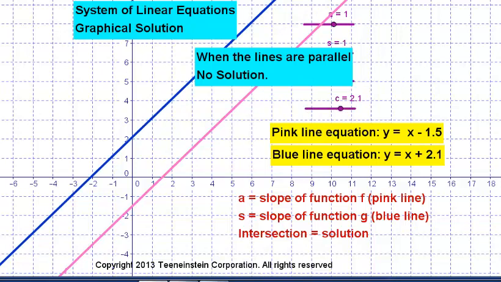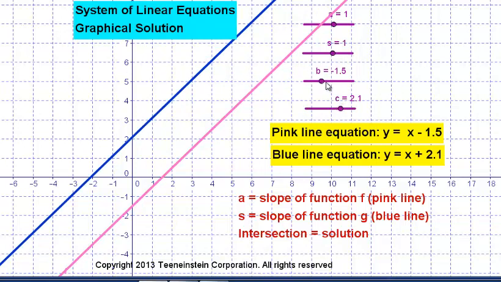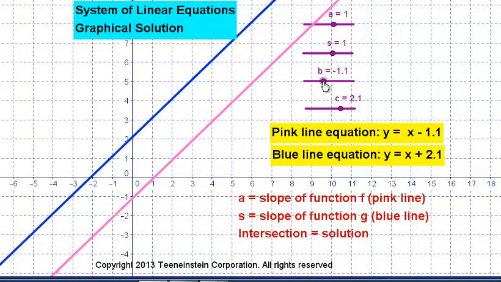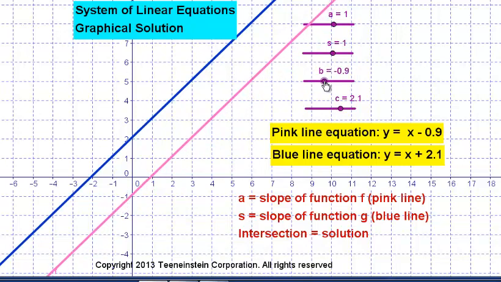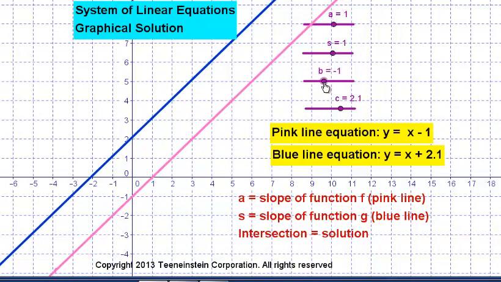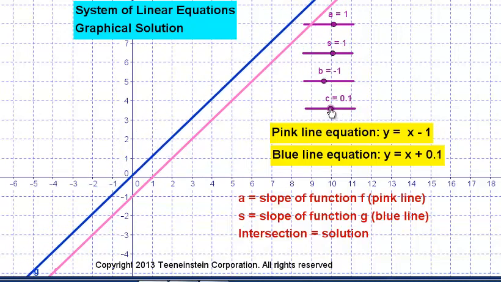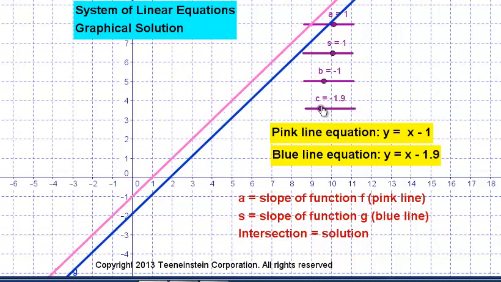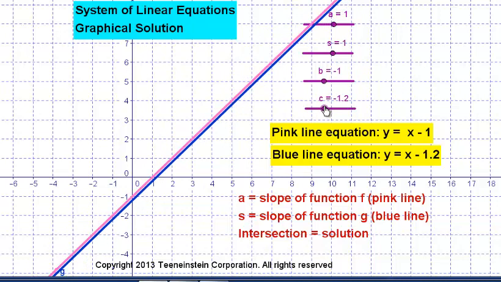But there is another case, when the y-intercepts are equal. When the y-intercepts are exactly, for example, -1 here. Here also I am going to keep -1, so both the y-intercepts are -1.